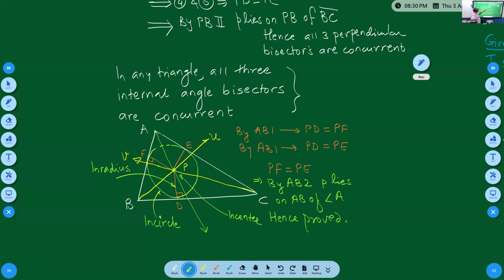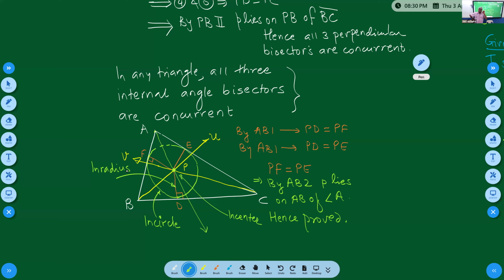We will learn later why it is tangent and why it is not intersecting. But this is another important circle in a triangle. No matter how you draw a triangle, there will be an incircle, an incenter and an inradius.